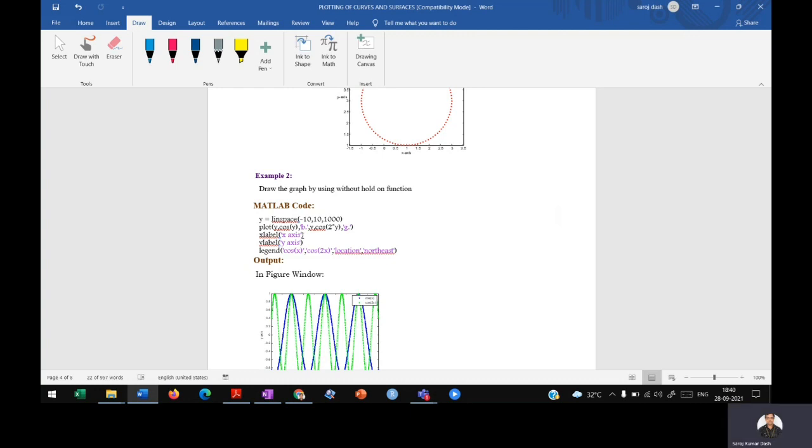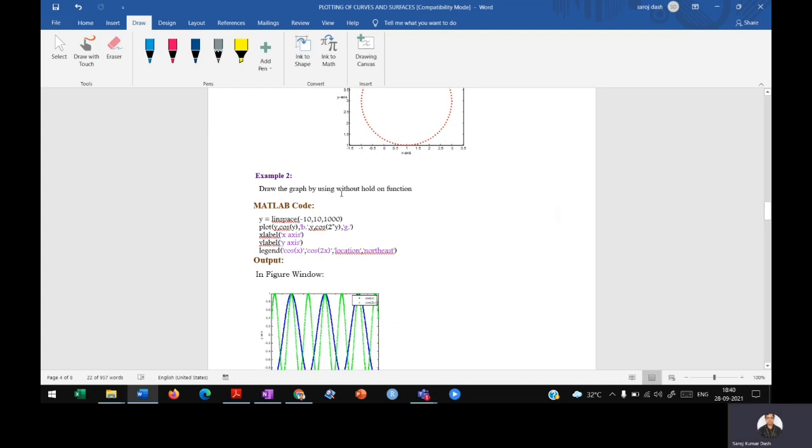If you do not use hold on, then MATLAB will plot only the last one, whatever you gave last. But if you plot the first graph and use hold on, then the second one also comes in the same figure. Otherwise, MATLAB will plot only the last one. For example, I will explain so you understand better. Suppose draw, what is the title?